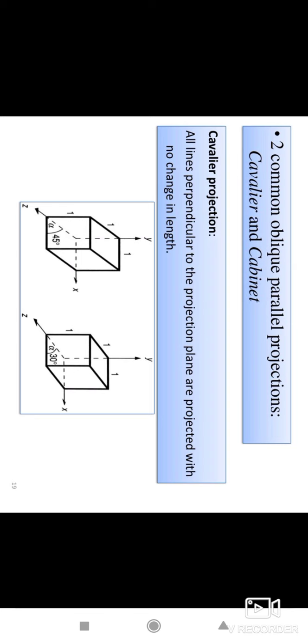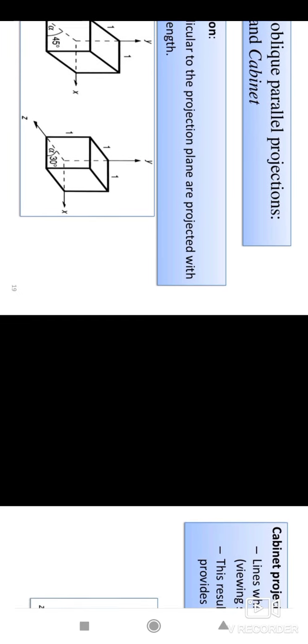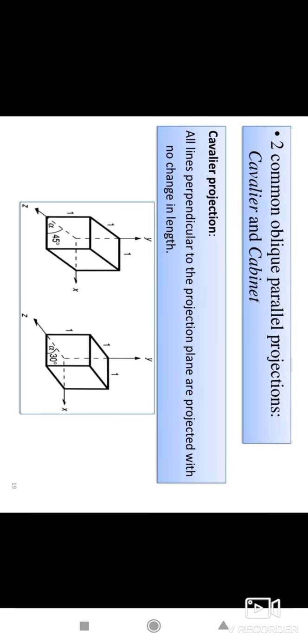In Cavalier parallel projection, all lines perpendicular to the projection plane are projected with no change in length, so tan alpha is equal to 1 and alpha is equal to 45 degrees.